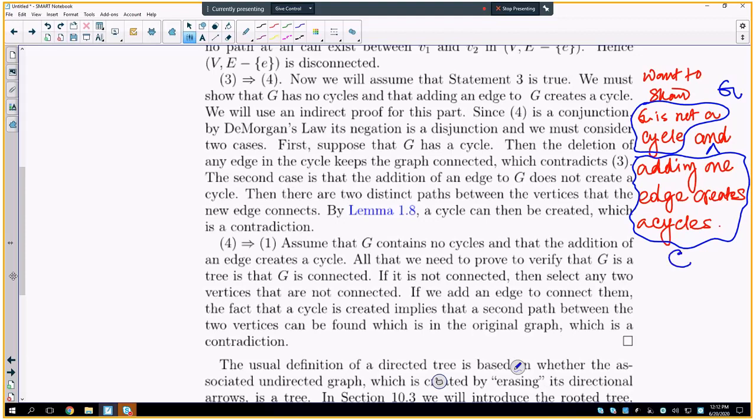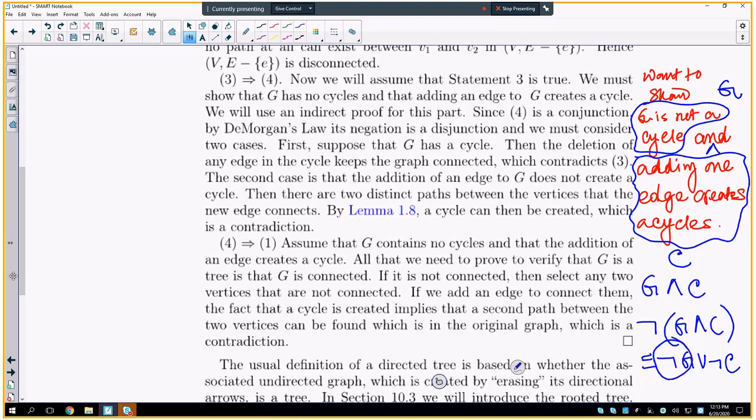So this statement, G is not a cycle and adding one edge creates a cycle, is G and C. So our approach is to think about the negation of that. What if this is not true? Then I say negation of G and C, which is logically equivalent to negation of G or negation of C. That's De Morgan's law.